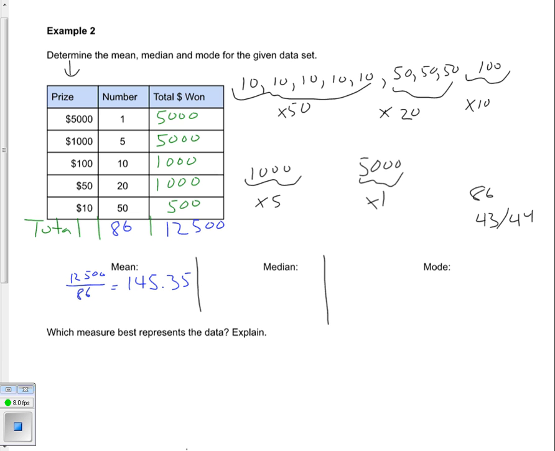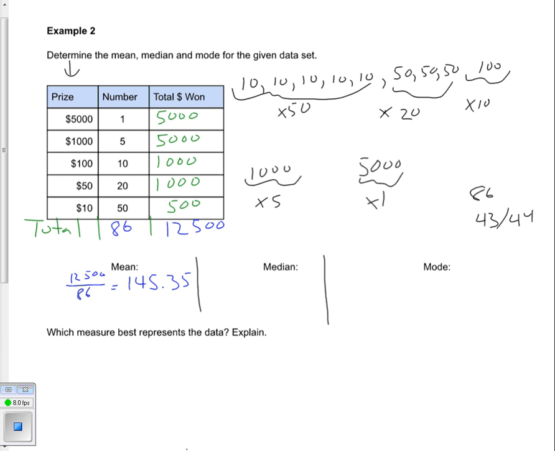If I go from the lowest winnings to the highest winnings, I start at $10 at the low end, and I end at 5,000 at the high end. The position between 43 and 44 falls flat in the middle of this 50 mark.